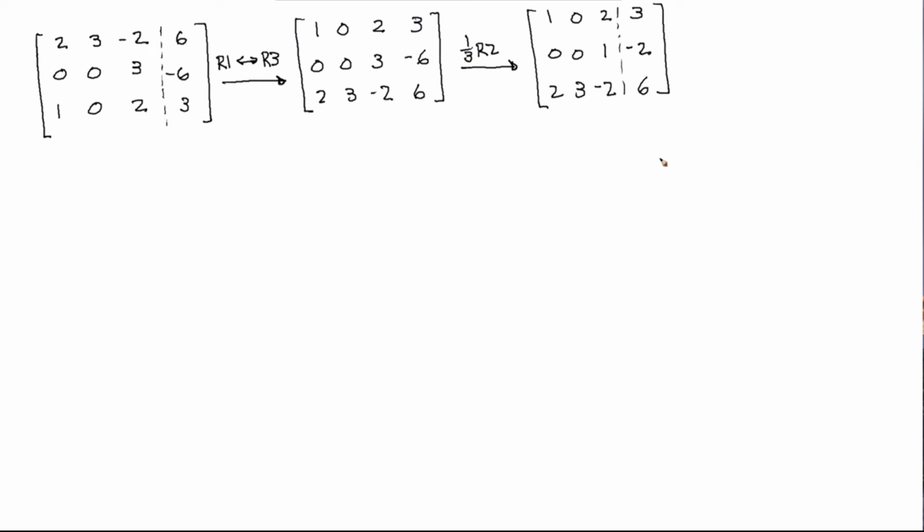Okay. Now if I swap the second and third row, then I have a 1 where I need it to be.